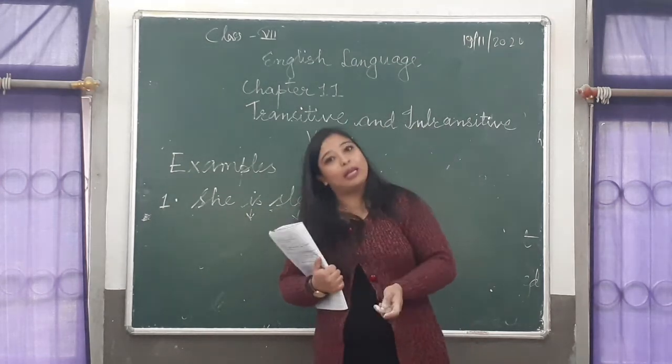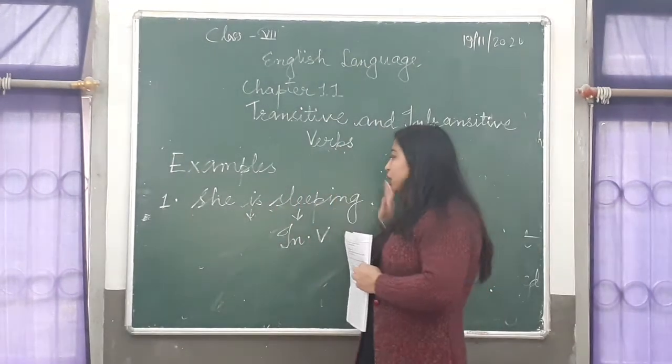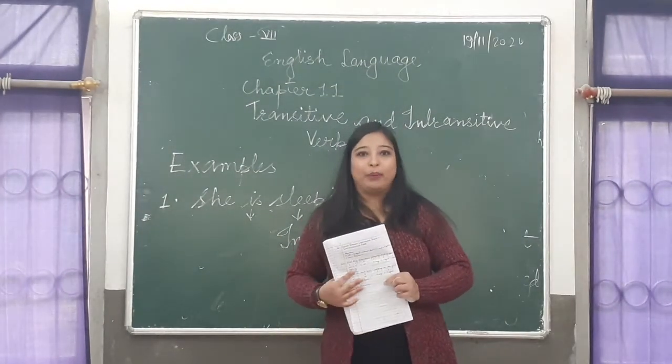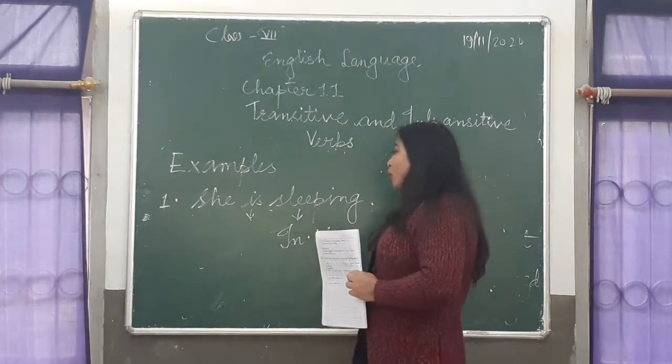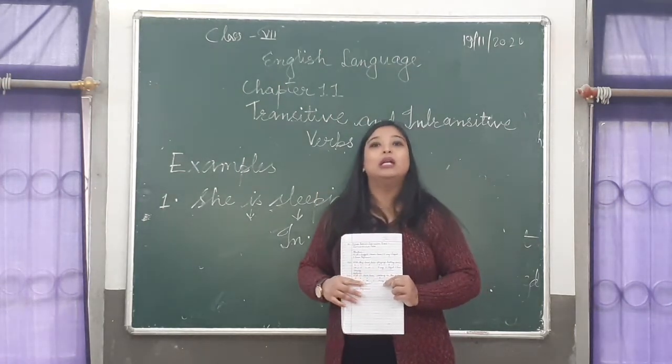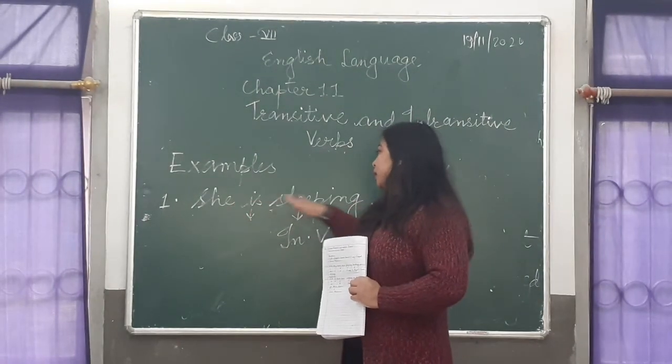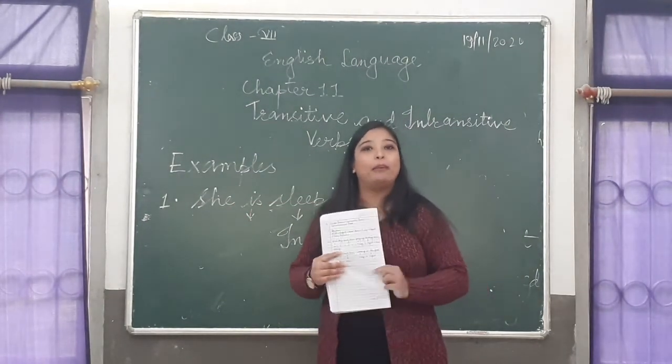You all can make out the meaning of the sentence that the girl is sleeping or the woman is sleeping. You don't require an object to understand the meaning of the sentence, like she is sleeping on the bed.